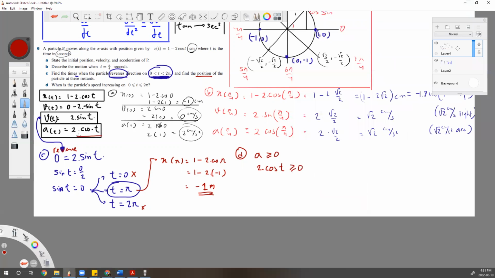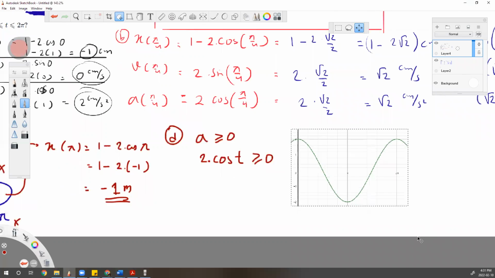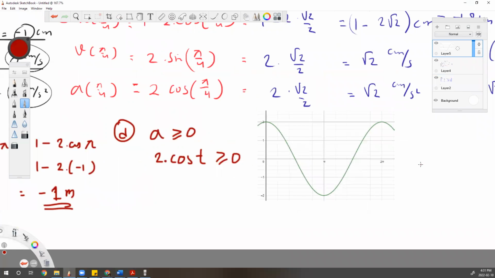So this one is 2 cos t. The curve will be like this, and when 2 cos t is more than 0, it has to be here. This is the positive part.